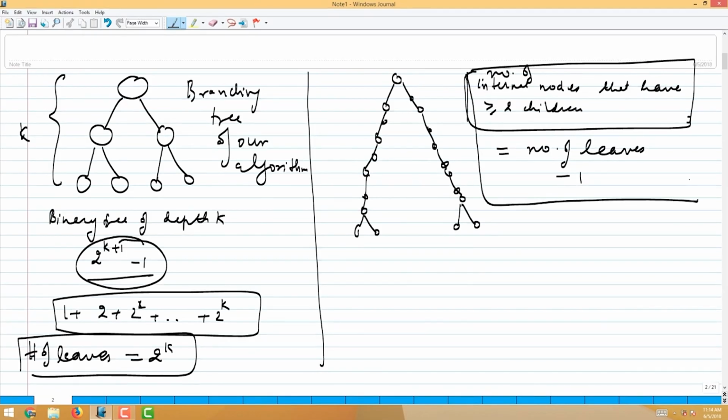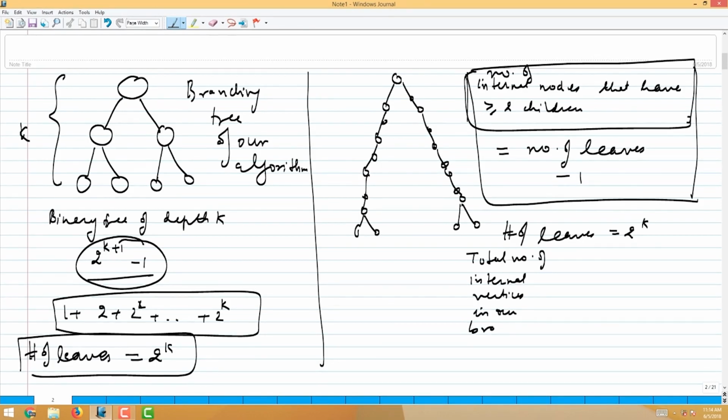Now if I tell you that the number of leaves in the tree is 2^k, and we know our branching tree is a complete binary tree, so every internal vertex in our binary tree will have at least 2 children, right? So the total number of internal vertices in our branching tree will be 2^k minus 1.